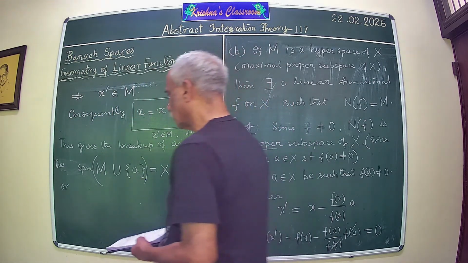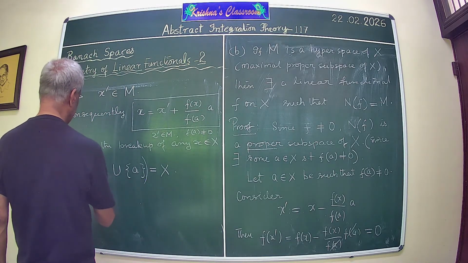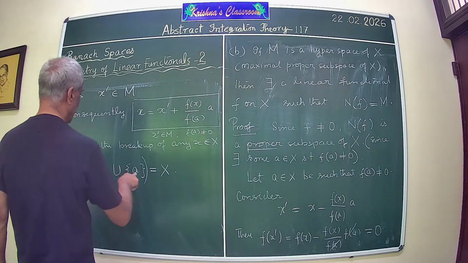Okay. So you have any vector in X can be written as a linear combination of a vector in M and a scalar multiple.